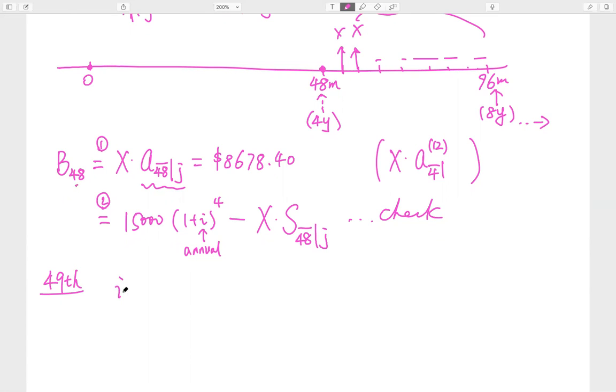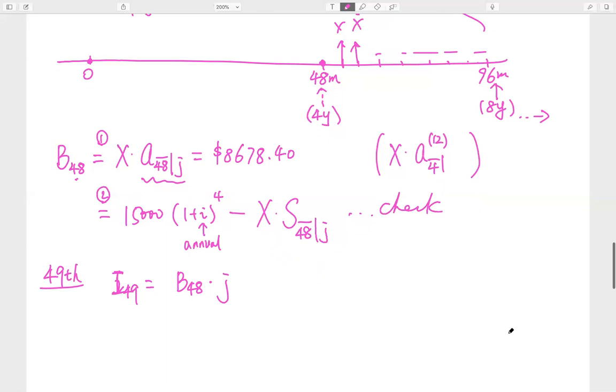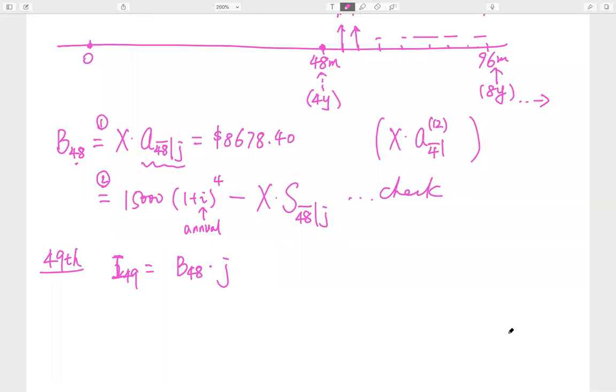So now the 49th would be the previous balance, capitalized I, times the monthly interest rate. Please make sure you get the correct interest rate for the unit you need. Here everything is in monthly, so I multiply by the monthly interest rate.